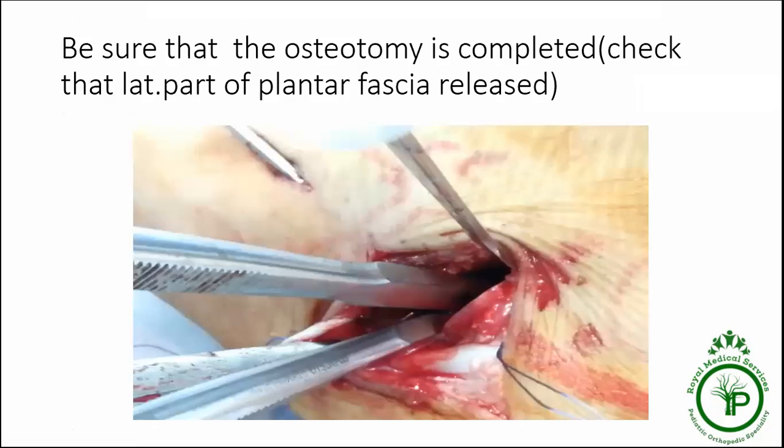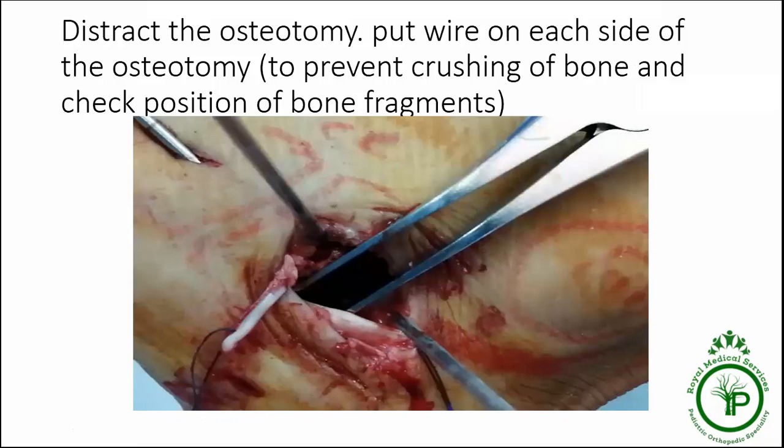Then we start completing the osteotomy from lateral to medial. We put 2 K-wires at both sides of the osteotomy so we can distract it using the lamina spreader, and the K-wires protect the bone from crushing by the lamina spreader during distraction.